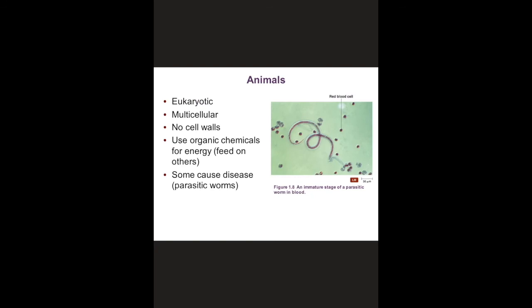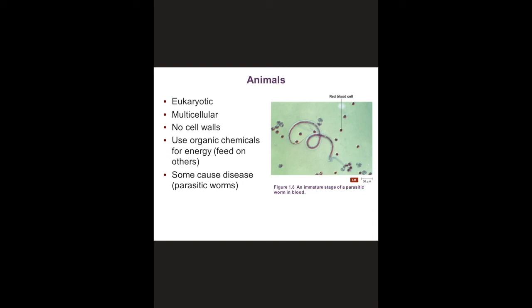And animals would be the last of the groups of life we're going to talk about. And of course, animals are eukaryotic and they are strictly multicellular. So in the picture here, you see a little roundworm, a little parasitic worm in some poor unfortunate individual's bloodstream. Animals, as I said, they don't have cell walls and they do eat, of course, so they're using organic chemicals for energy.